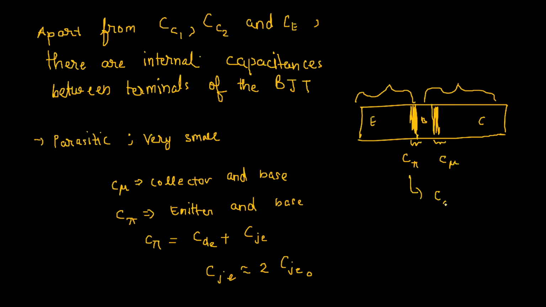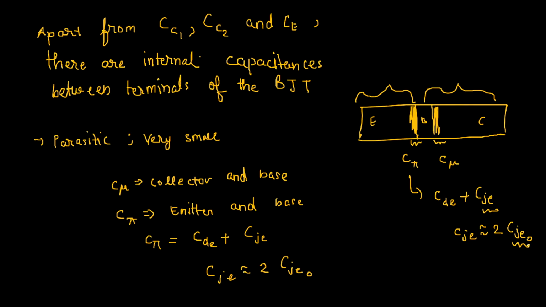C pi is given in more detail by the capacitance in the depletion region plus the junction capacitance, and the junction capacitance is usually denoted by 2 into CJE naught. CJE naught is basically the value of junction capacitance when there is no voltage supplied to the BJT.